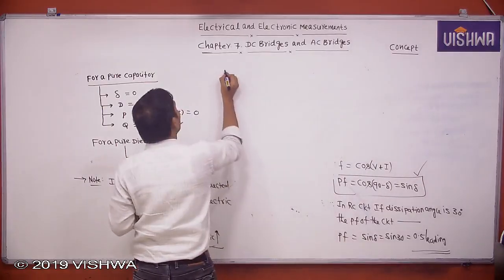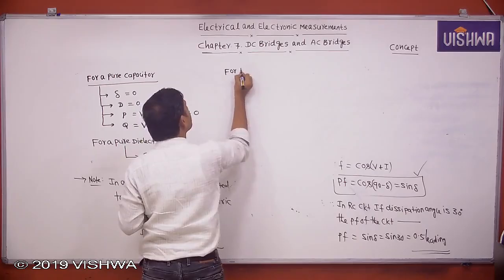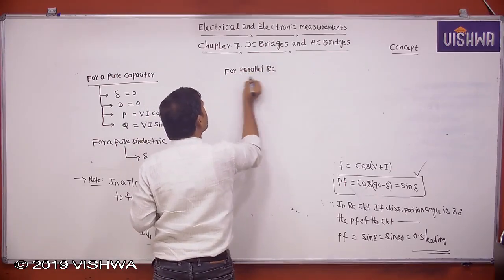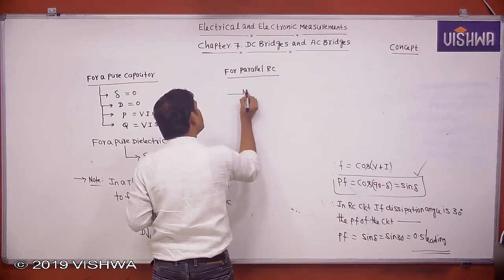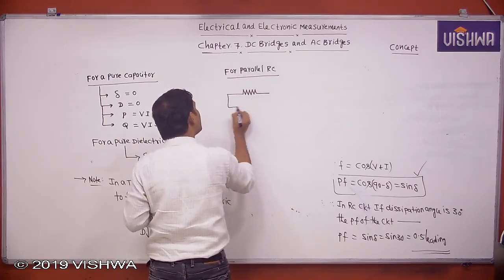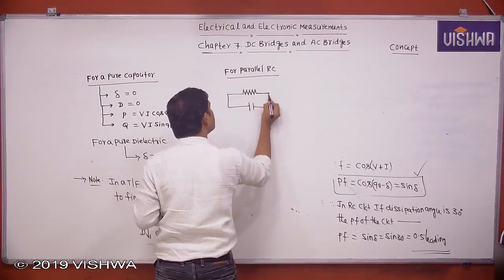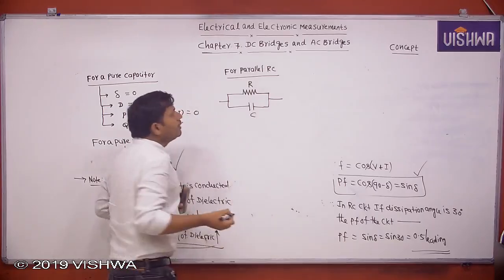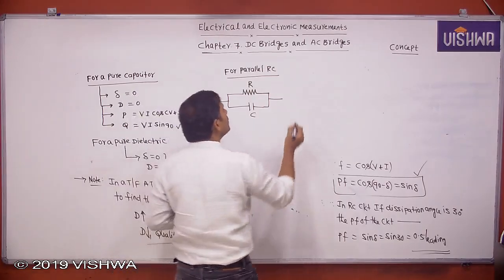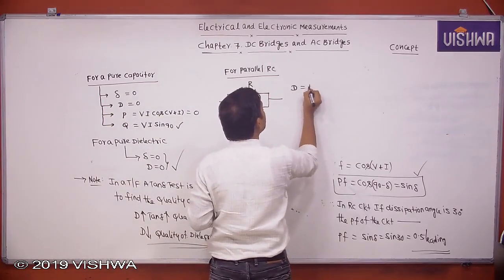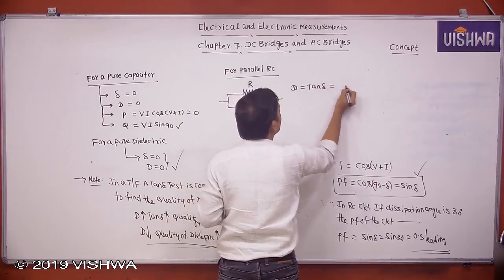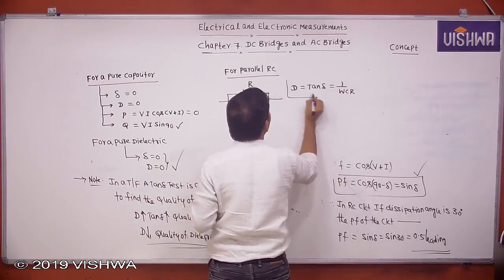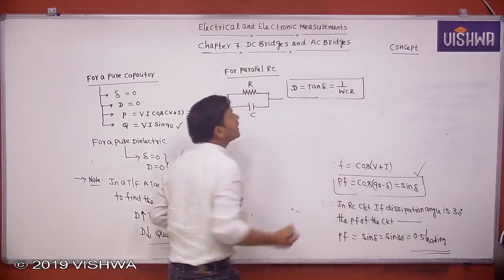Now see, for a parallel RC circuit, this is R and this is C. Then the dissipation factor D equal to tan delta equal to 1 by omega CR. The dissipation factor equal to tan delta equal to 1 by omega CR.